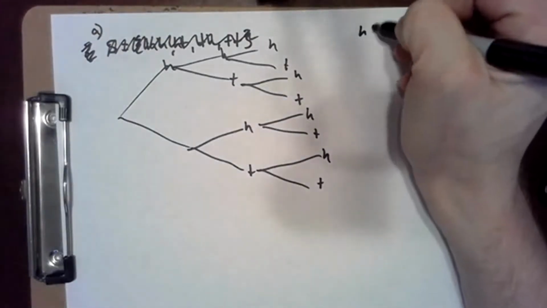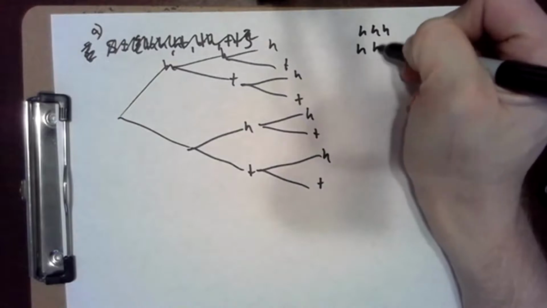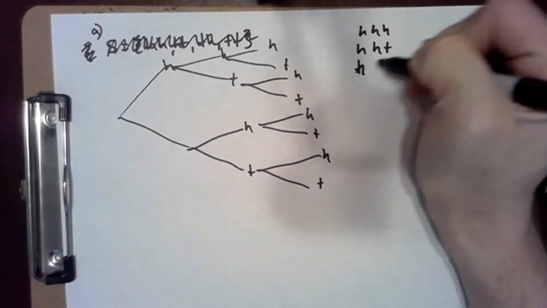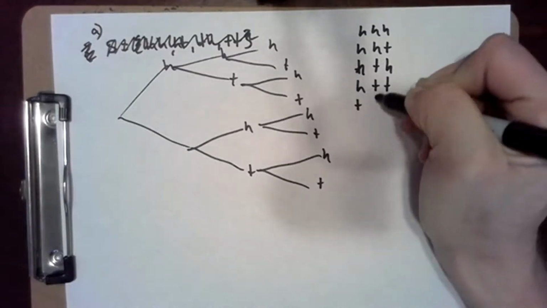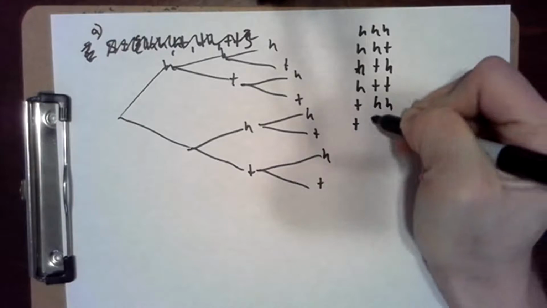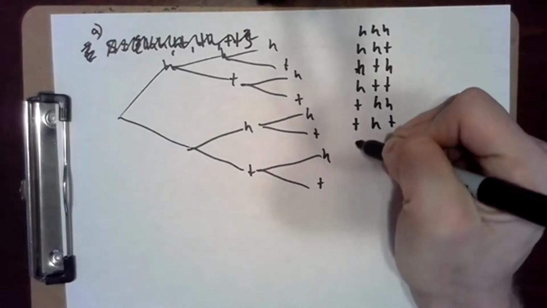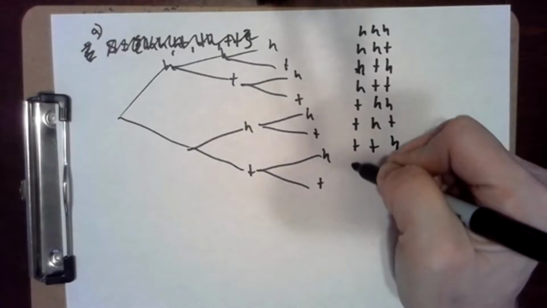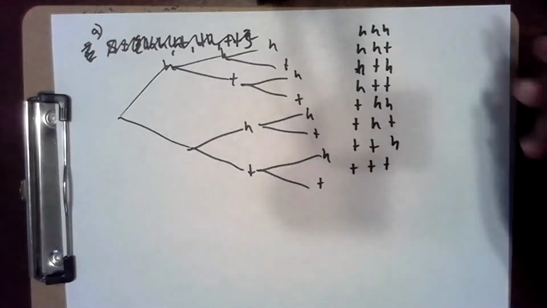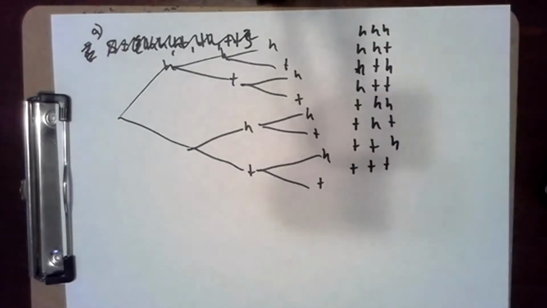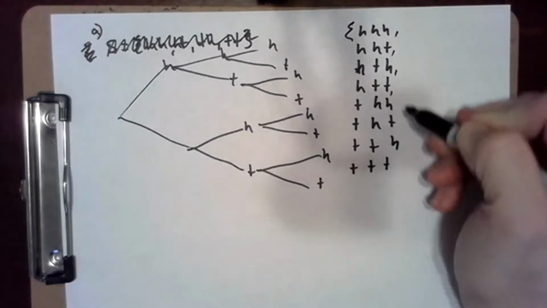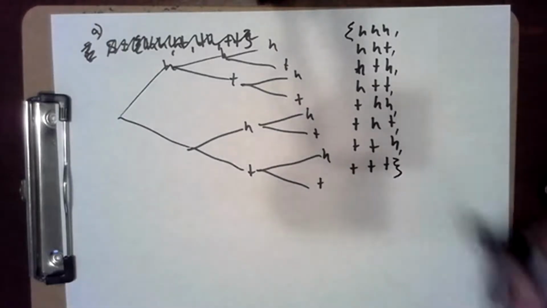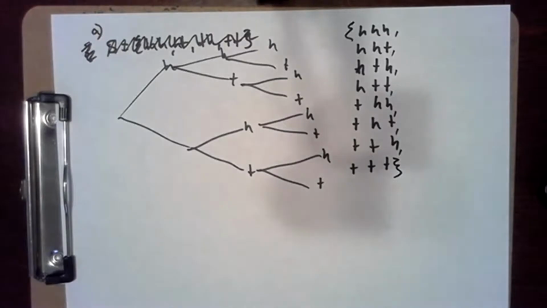So that gives us HHH, HHT, HTH, HTT, THH, THT, TTH, TTT. We've got it, and that is our sample space, those 8 items. We can put a set of braces around that with commas everywhere.